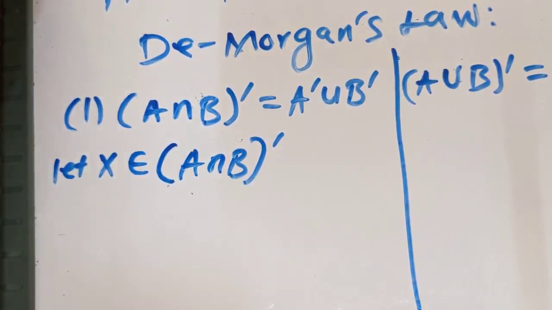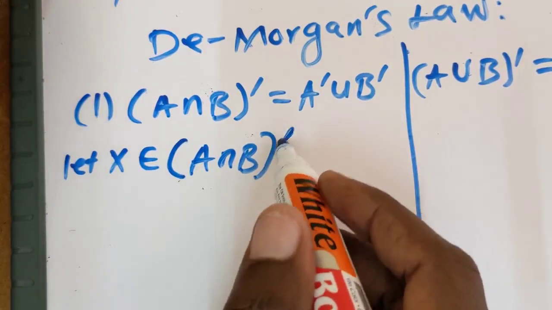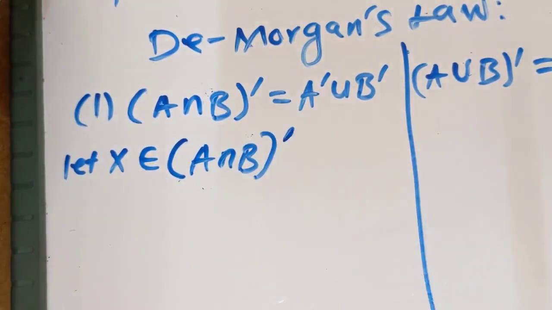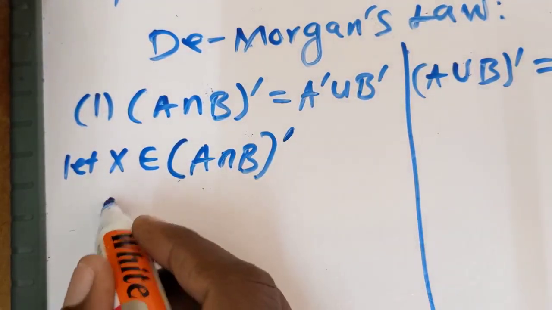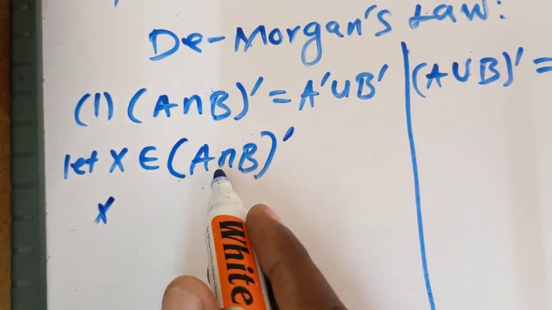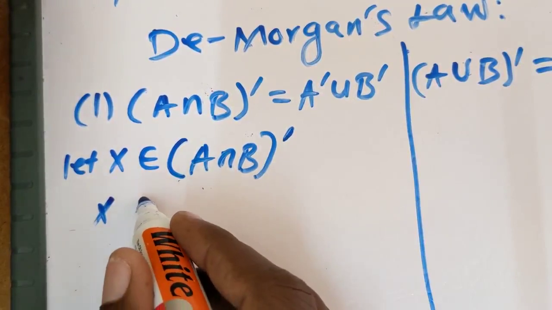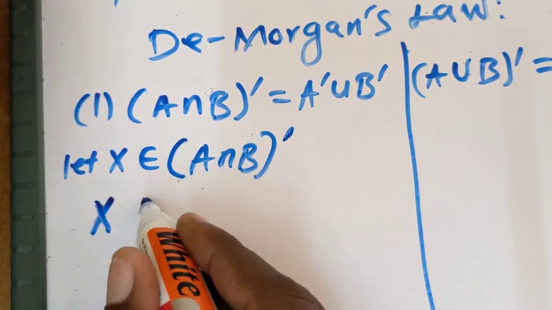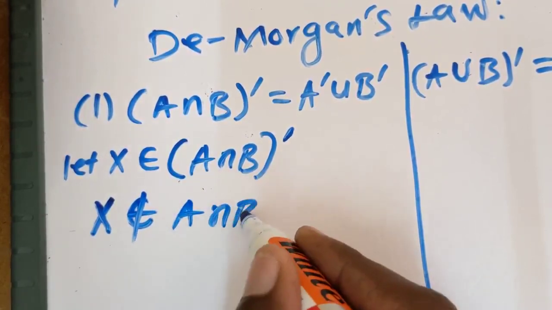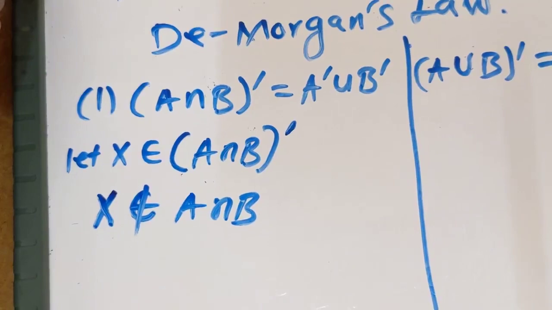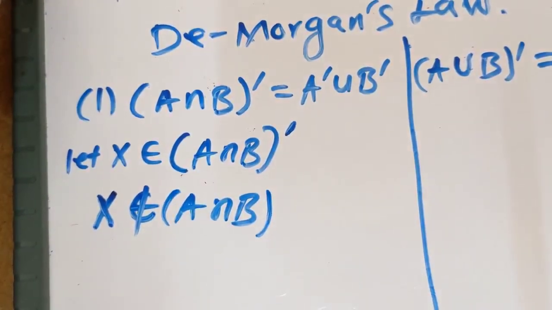From there we explain what this complement means. When it is (A intersection B) complement, it means that X is not a member of A intersection B, without the complement.